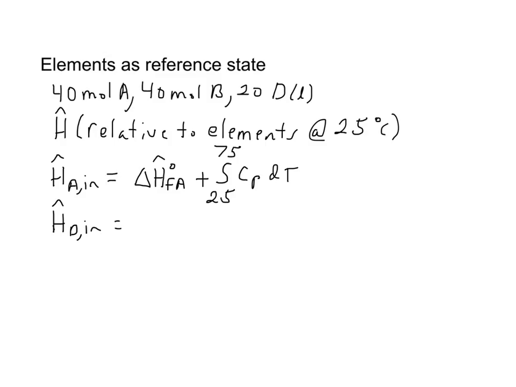If we didn't, if we had only the heat of formation of the gas, we'd have to make an enthalpy change to correct it for being a liquid. But here we do have the heat of formation of the liquid. And so again, this would be the integral from 25 to 75 of Cp dT, where this is the liquid heat capacity.